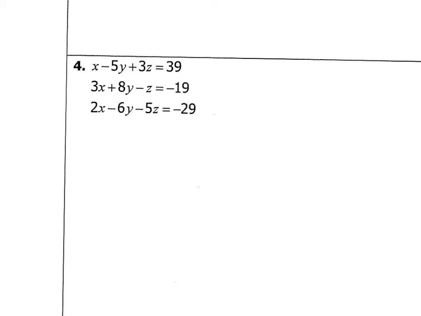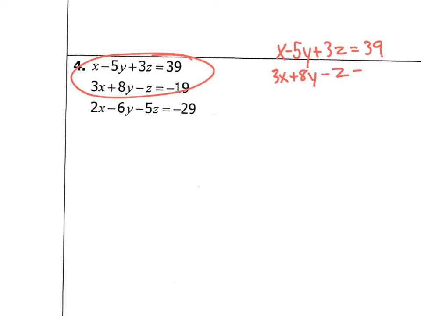But let's just stick with what I think probably most of you noticed at first, and let's just try to eliminate the x's in these equations. So the first thing I'm going to do, I'm going to take these two equations. I'm going to write my first equation and my second equation, just to keep myself organized.